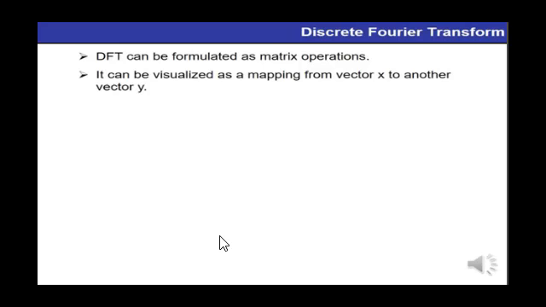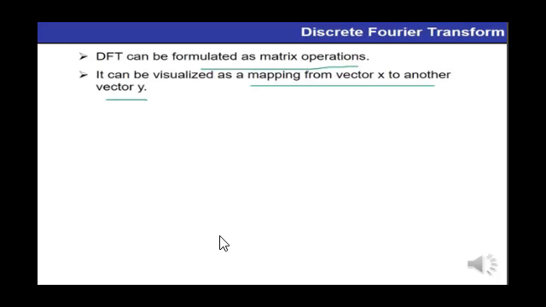DFT can also be formalized as a matrix. We can perform matrix operations using DFT. We can also visualize it as a mapping of one vector with respect to another, like vector x with respect to vector y.